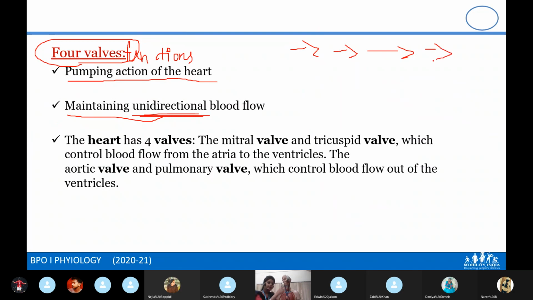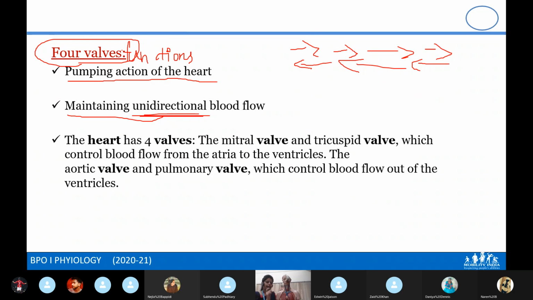From the right atrium, it comes down, then it goes to the lungs, then again it will come back to the other part of the heart. That is unidirectional. There is no bidirectional flow, which means if the blood is going in one direction, it is not coming back. No reverse direction or flow of the blood.